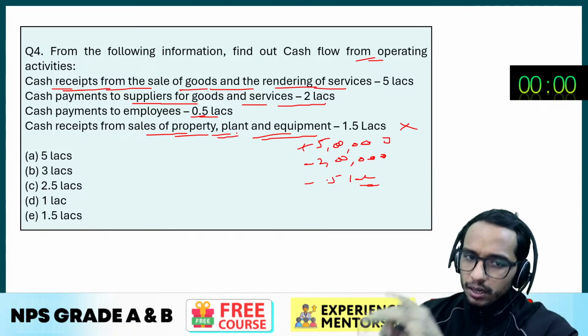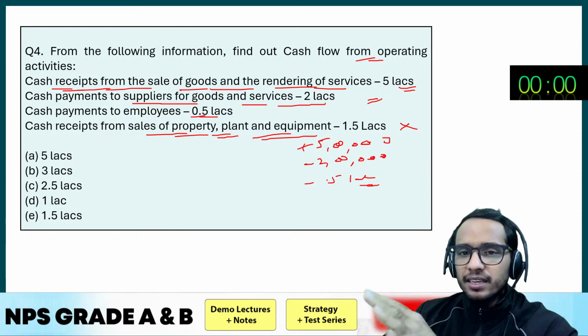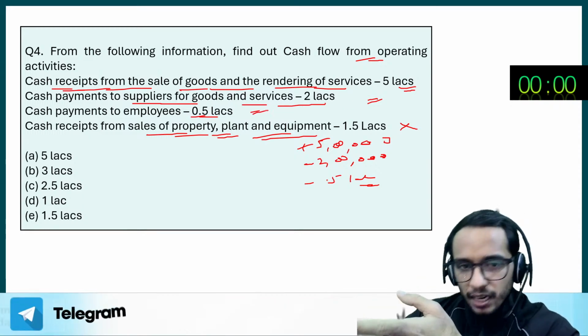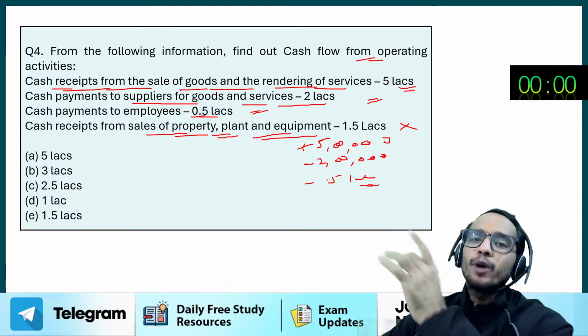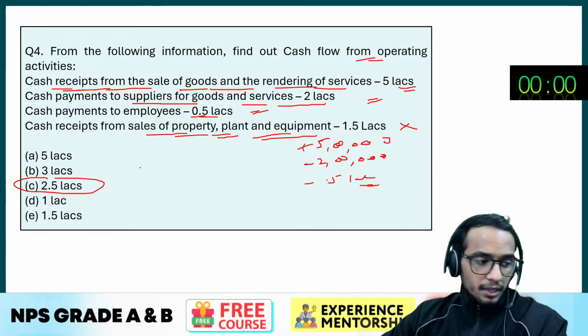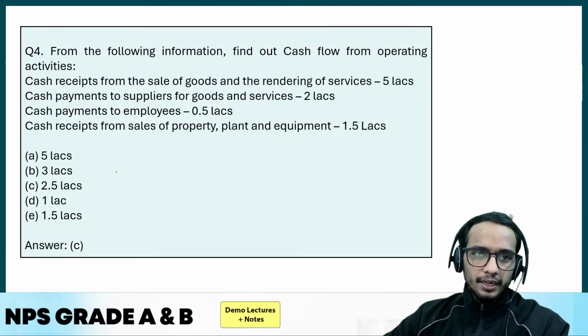So this will not be counted. So 5 lakh plus and 2 lakh minus, that becomes your 3 lakh, and 3 lakh minus again 0.5 lakh. So that will become 2.5 lakh. So mentally you can do this thing, right? So the answer would be option number C. The answer is 2.5 lakh for question number 4, right?